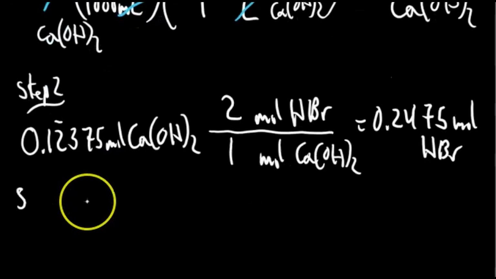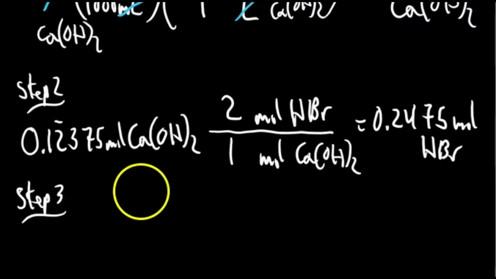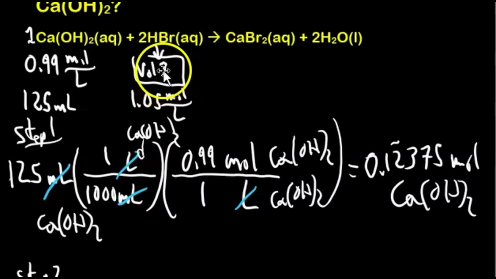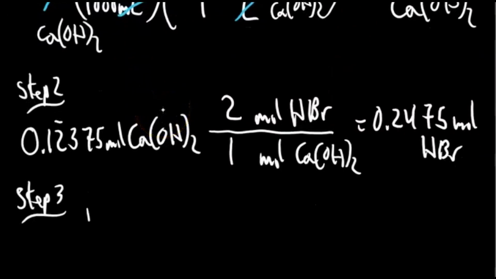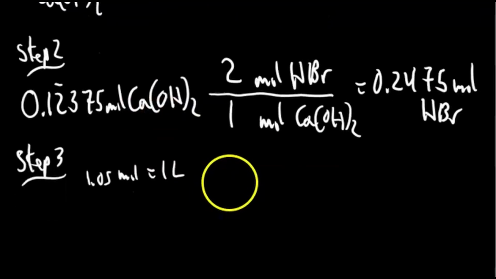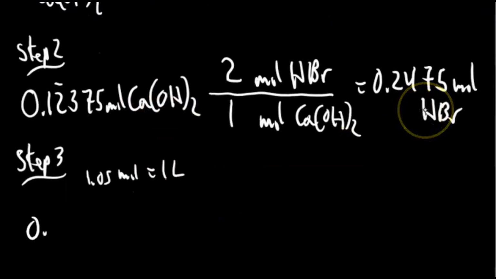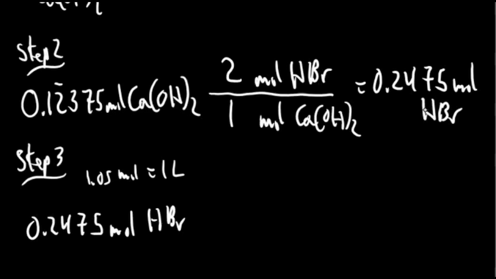Okay, step 3 is the units of our desired, and our unit, I think, is volume. So we want the volume, and we're also given the concentration: 1.05 moles for every 1 liter. So we'll use our answer from the previous step, 0.2475 moles of HBr, and we want liters because we want volume.